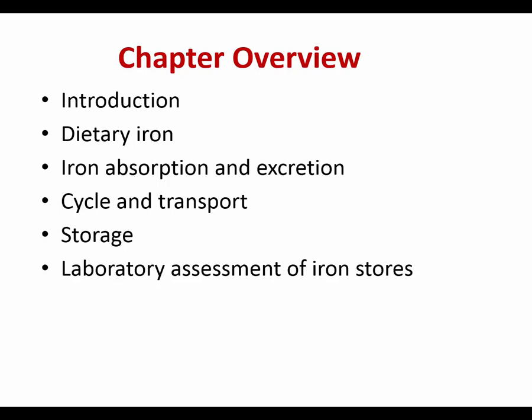Because in our diet, as I told you, we're going to have enough iron. You should not be running out of iron in our diet. You usually have about 15 to 20 milligrams of iron per day in our food. Sometimes more, depending on what you're eating, of course. Sometimes less, but on average about 15 to 20 milligrams.